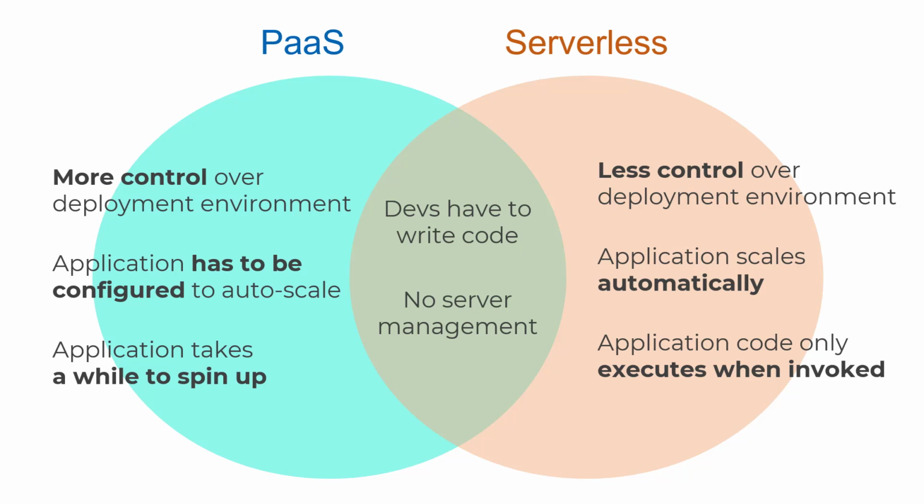In serverless, application code only executes when invoked. Remember, I mentioned it could be triggered. That means in the serverless context, it sits idle until it's called, which would make pretty good sense when we're thinking about a website that when we bring it up, it takes a while to spin up, where a function is a bit of code that lays there until it's called to execute and potentially process data.